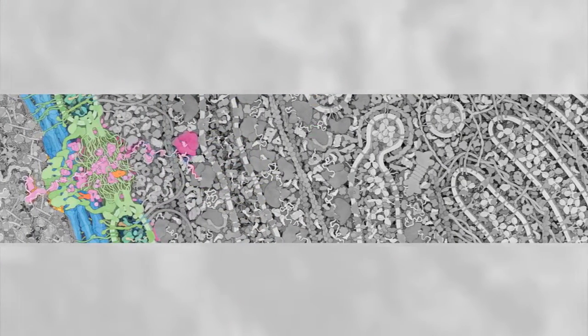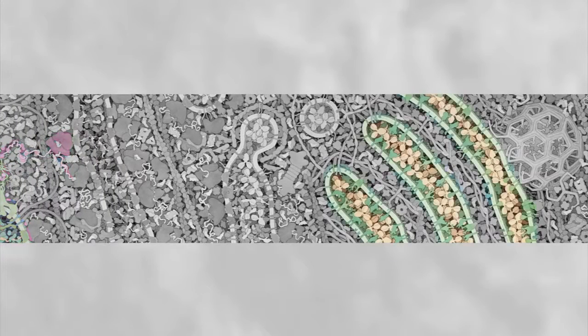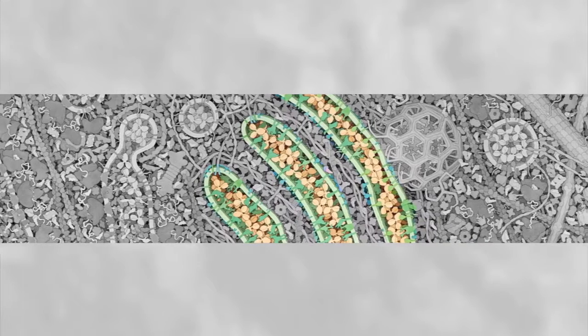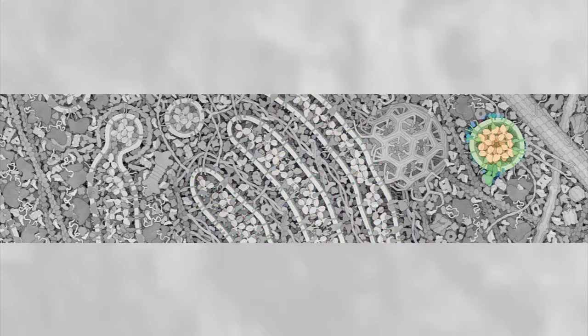So these then get transported to the Golgi. And in the Golgi is where the packaging is going to happen. And what turns out is that it's going to package these hexamers into what they call, they're like vesicles, but they call them insulin granules.